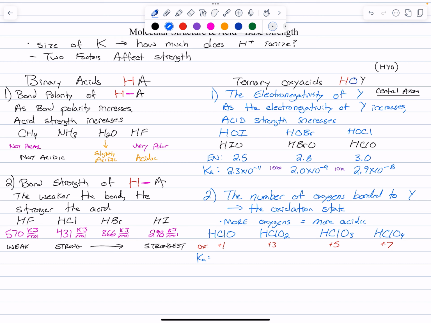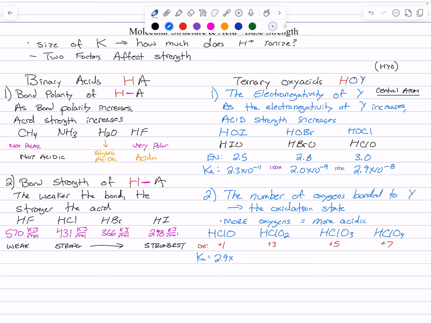Ka. So hypochlorous acid is 2.9 times 10 to the -8. Chlorous acid is 1.1 times 10 to the -2. Again, that's a million times stronger. All right.